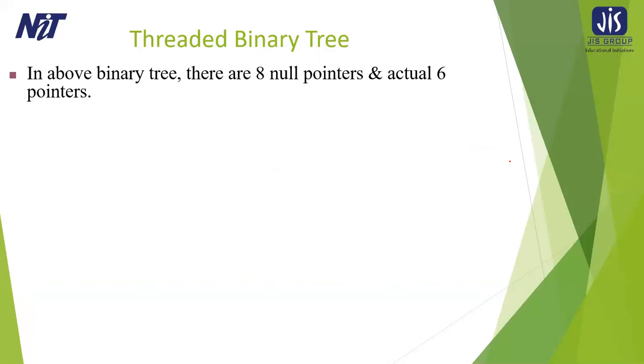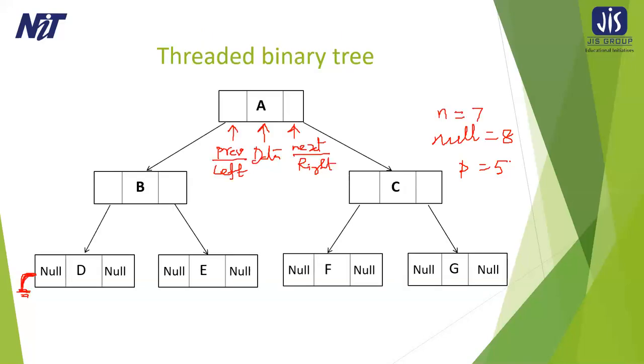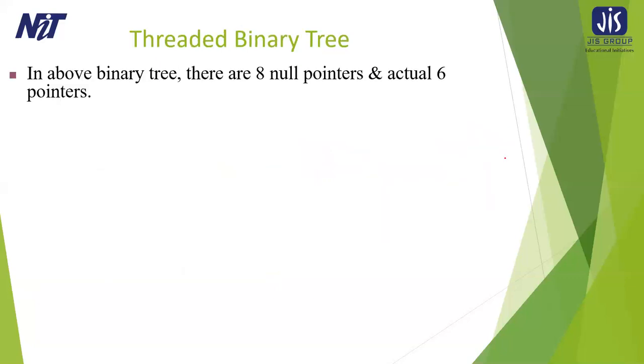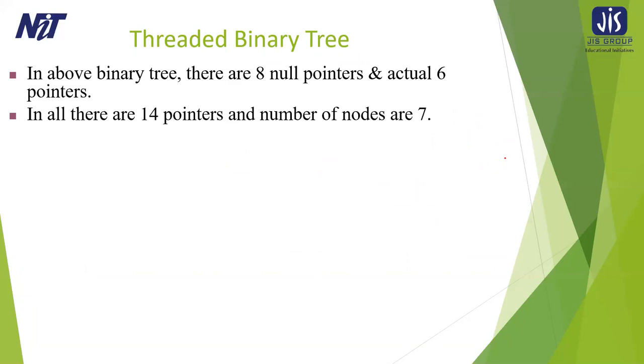So in the above binary tree, there are 8 null pointers and actually 6 pointers. So we counted wrongly. 1, 2, 3, 4, 5, 6. Sorry, 6 normal pointers are present. So 6 actual pointers are there. So in all, there are 14 pointers and the number of nodes is 7.